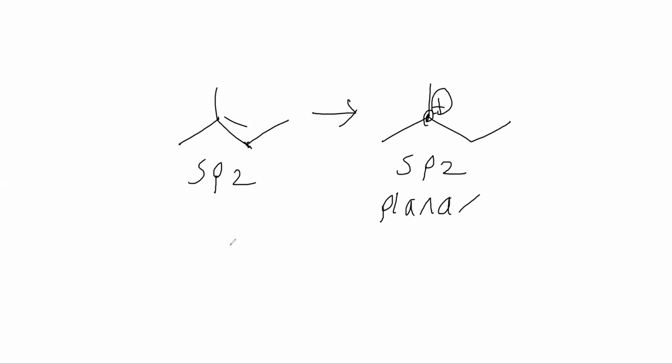So a planar molecule or carbon will look something like this. It is flat. You can hopefully see how my drawing looks a bit flat. The dashes are going into the screen, the wedge is coming out, and the line is going to the right. And then it's an empty p orbital.